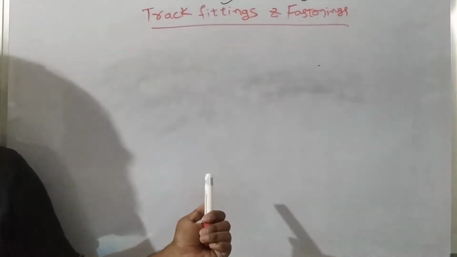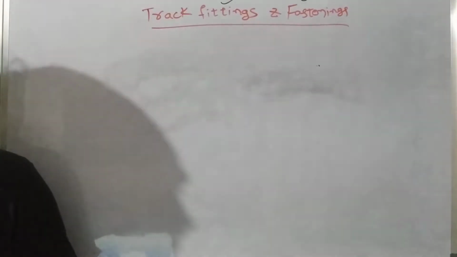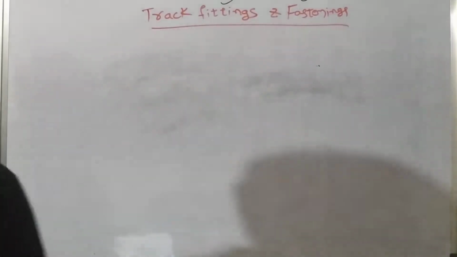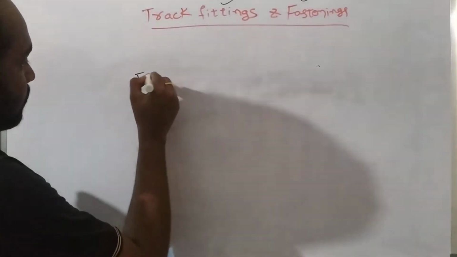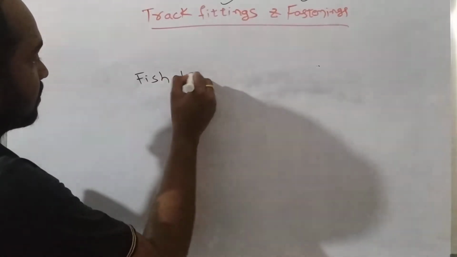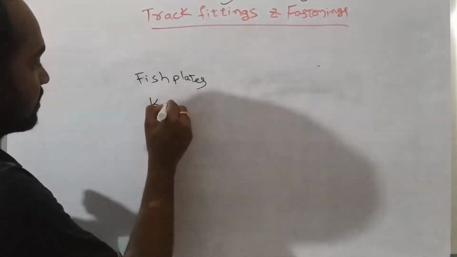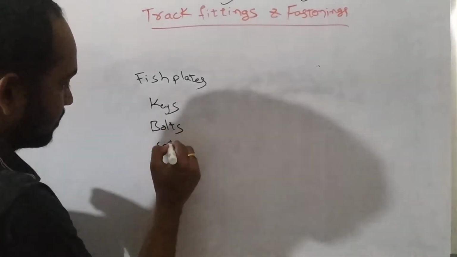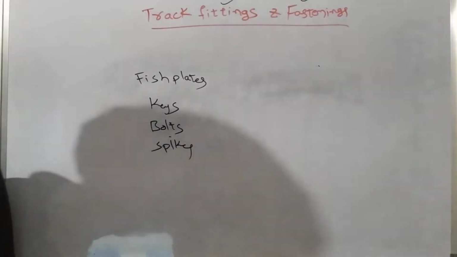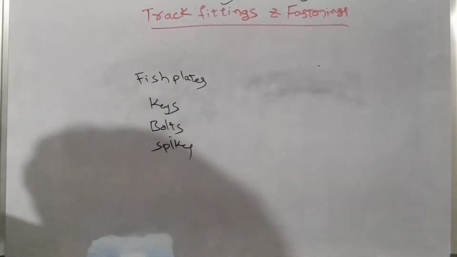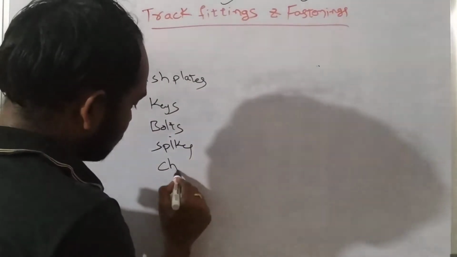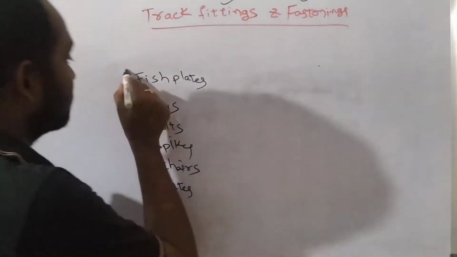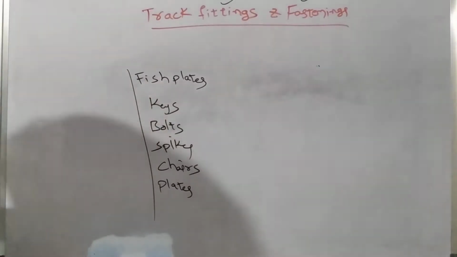Generally, the different kinds of fittings we will use are fish plates, keys, bolts, spikes, plates, and chairs. Understand? So these are the different means which we will use for the track fittings.